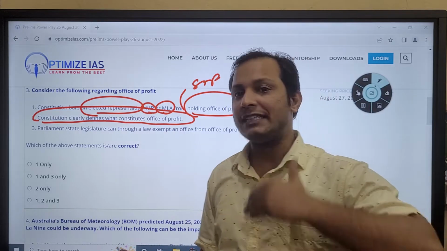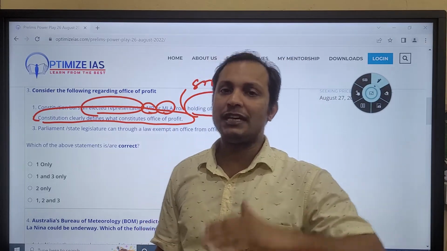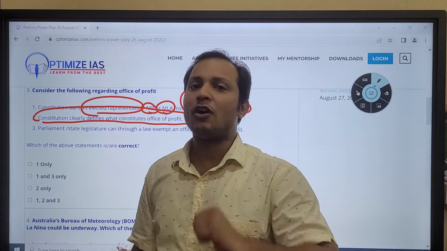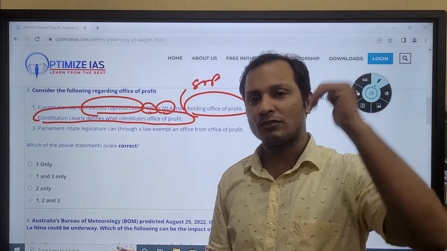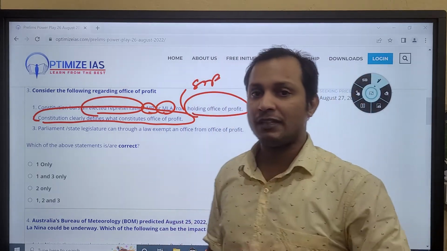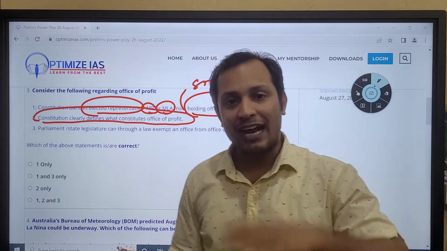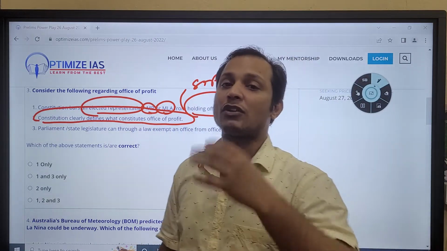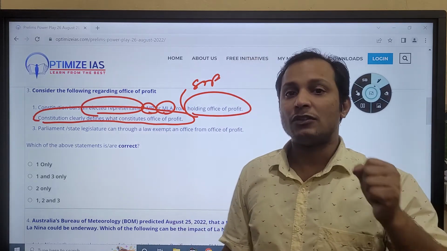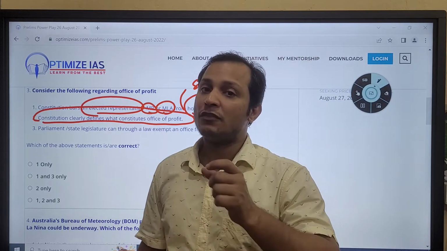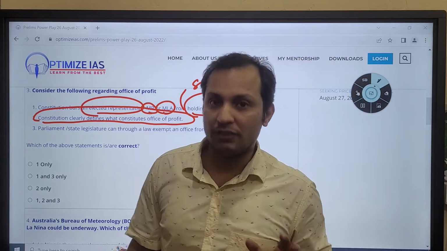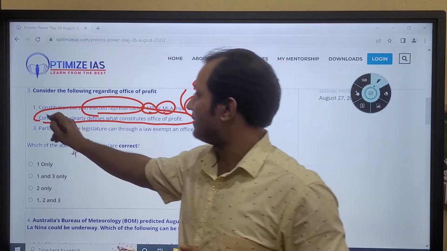The judiciary has said that any kind of office where the elected member of the house, whether it is the Lok Sabha, Rajya Sabha or the state assemblies, gets some kind of pecuniary benefit, some kind of monetary benefit, that kind of office will be called an office of profit. And no elected MP or MLA will be allowed to hold that office. If they hold it, they will be disqualified. So this statement is incorrect.